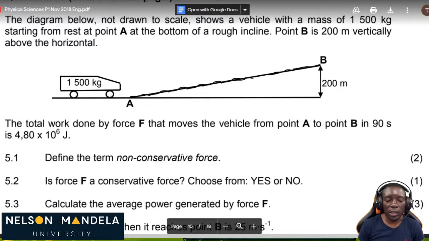In other words, does the work done by that force depend on the path taken? What would you say?